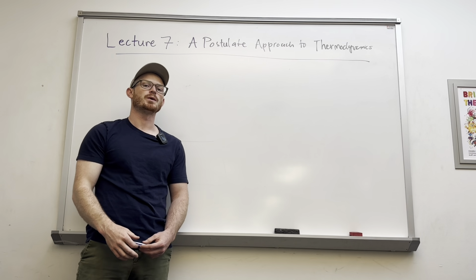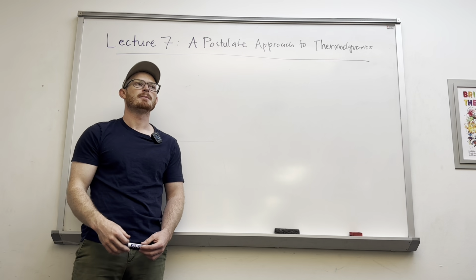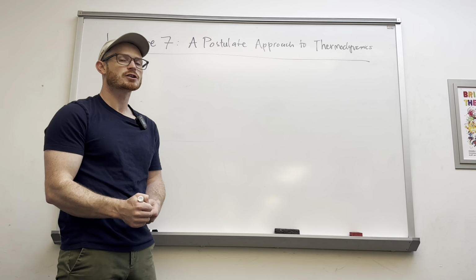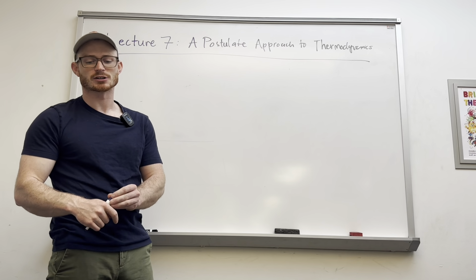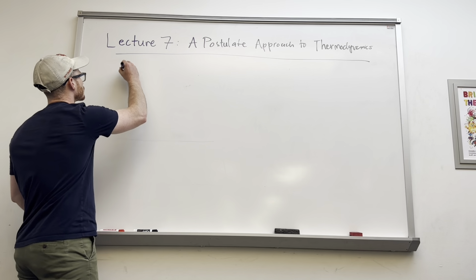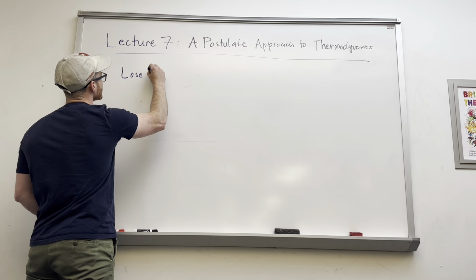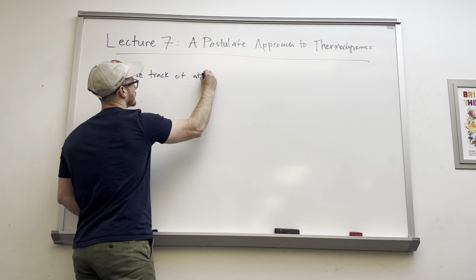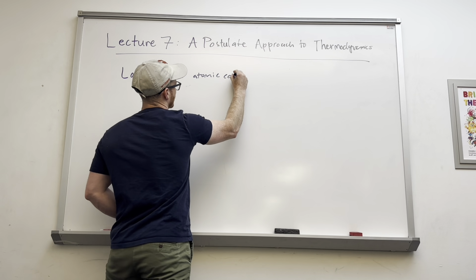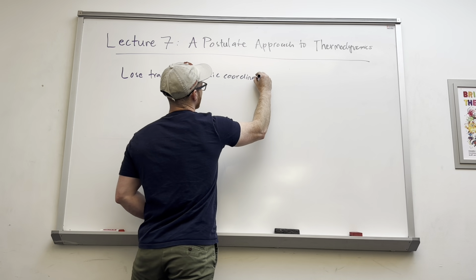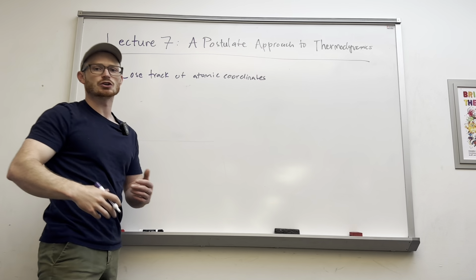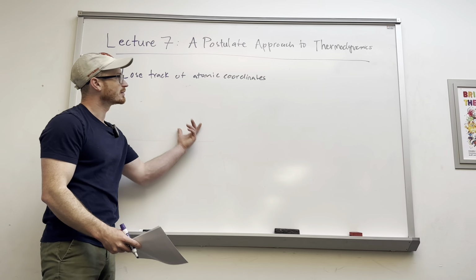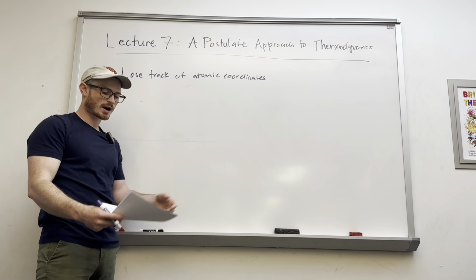What happens when we take this macroscopic view of the world? Well, we actually start to lose a lot of information. In fact, we lose track of the atomic coordinates. So whereas before we were describing using a Hamiltonian or a Lagrangian to keep track of all these particles at once, in thermodynamics, we're actually going to lose track of these motions.